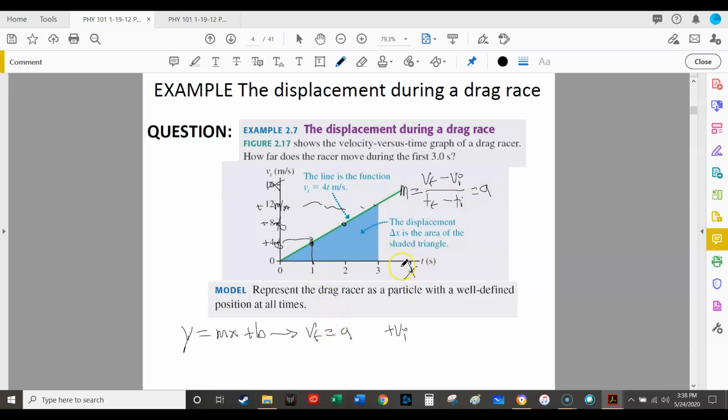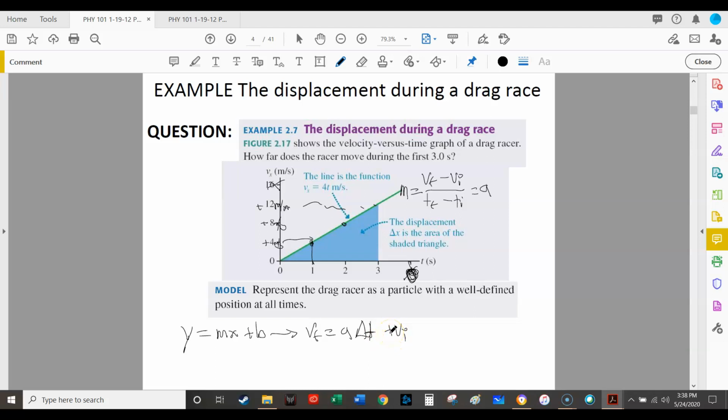And again, the x-axis is time. So a linear curve fit in a velocity versus time is going to be v final equals the slope, which is acceleration, times time, given the initial velocity of the object, which is the y-intercept.